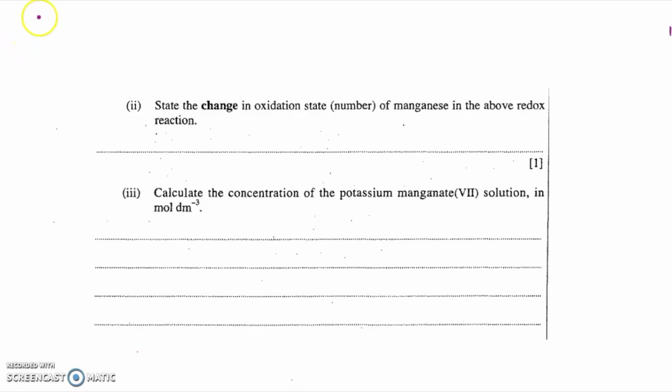So for part 2 here, you're asked to state the change in oxidation state of manganese in the above redox reaction. So first of all, I'm going to write down the overall equation here, and I've obtained this by combining the ion electron half equations together.